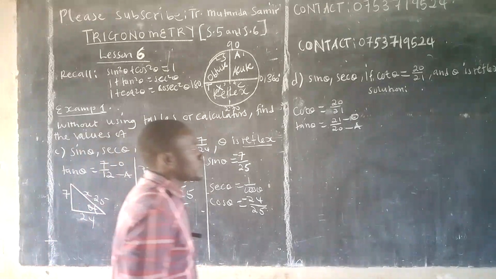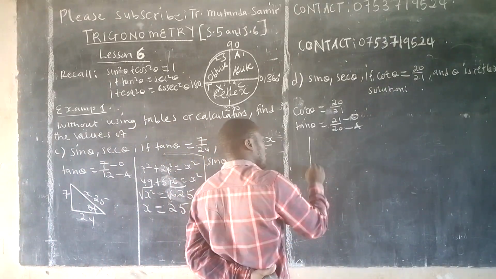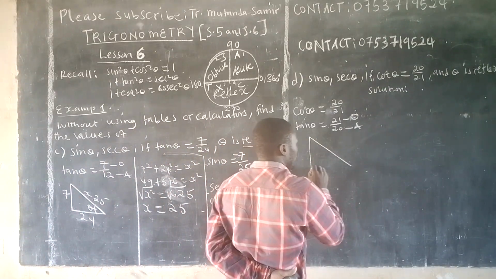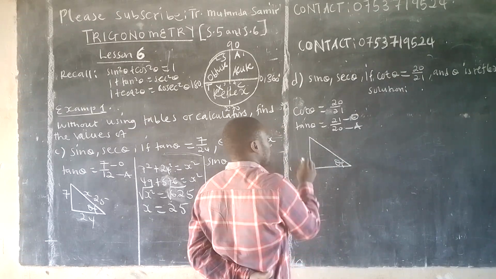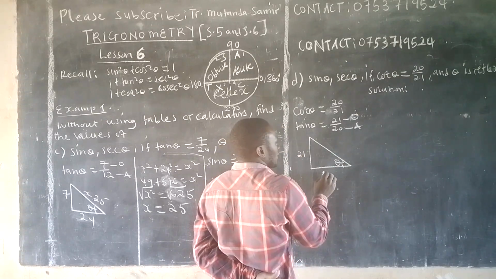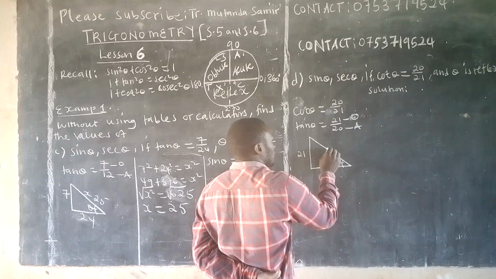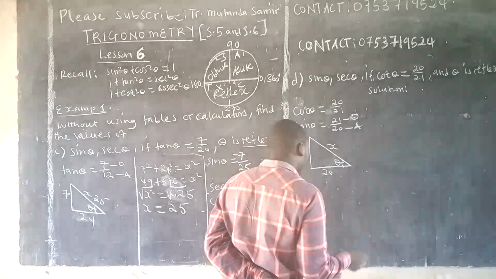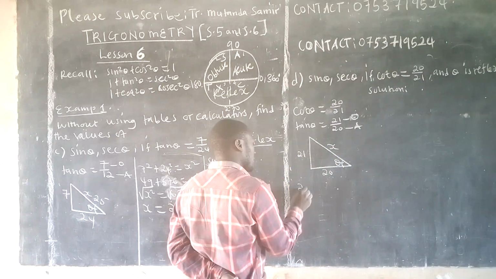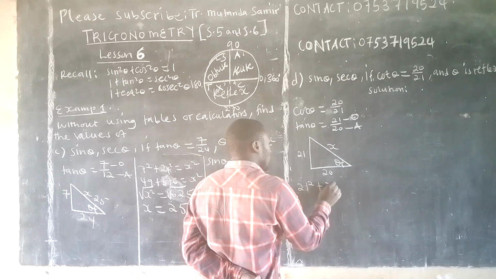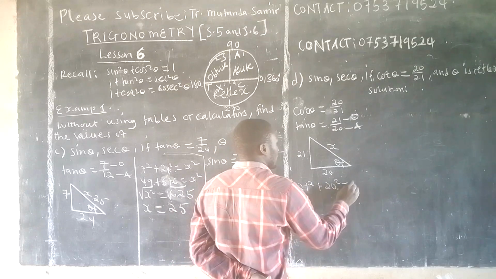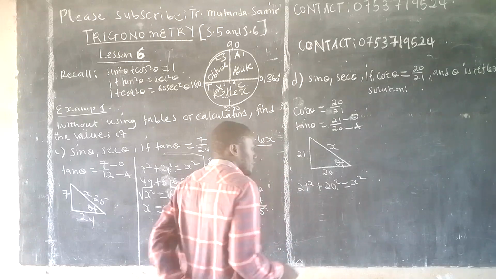So now what we're going to do is we shall draw a triangle. This one is angle theta. The opposite is 21. The adjacent is 20. So to get the hypotenuse, I'll again call it X, no problem. So here I'm going to have 21 squared plus 20 squared is equal to x squared.